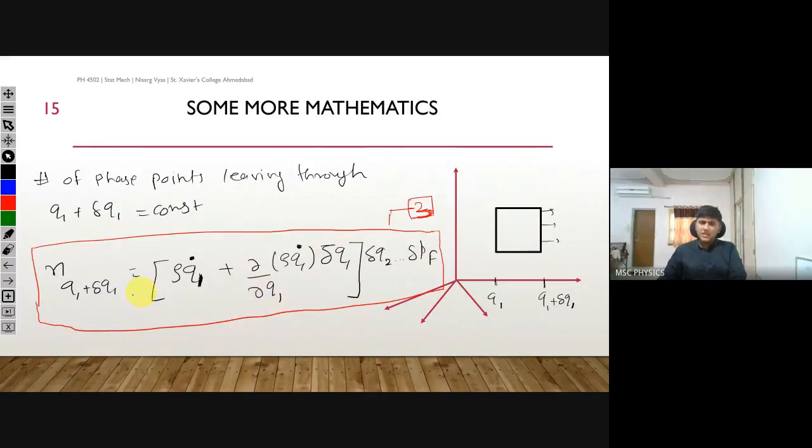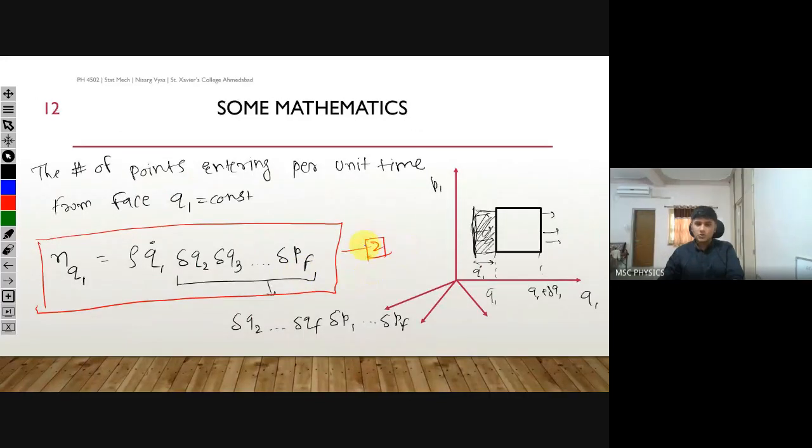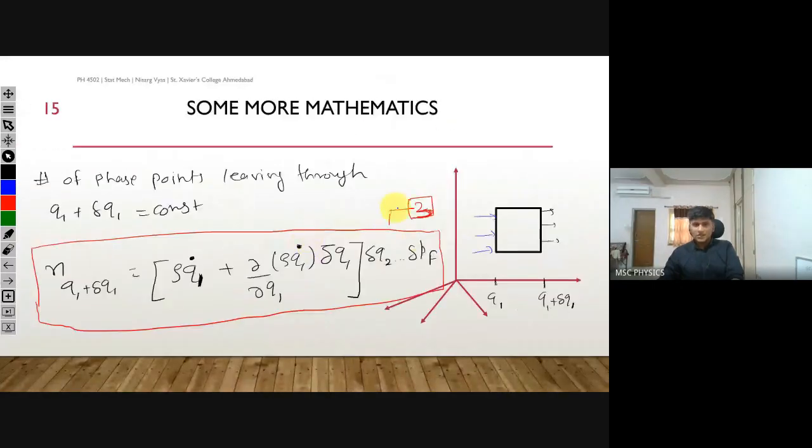Now let's do simple mathematics. We want to know how many particles came in minus how many particles exited from this surface. So it is just a simple matter of doing 2 minus 3. So 2 is rho Q1 dot into these numbers, and 3 is rho Q1 dot plus some number into these numbers.